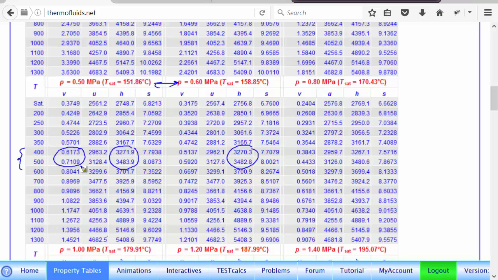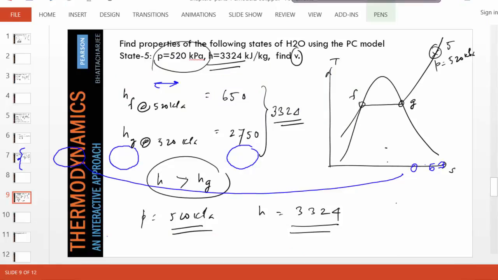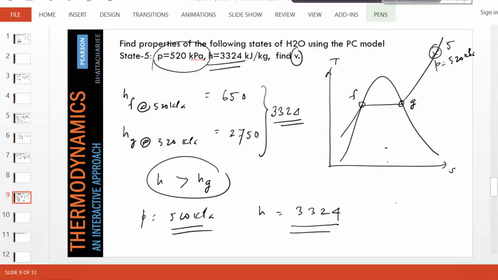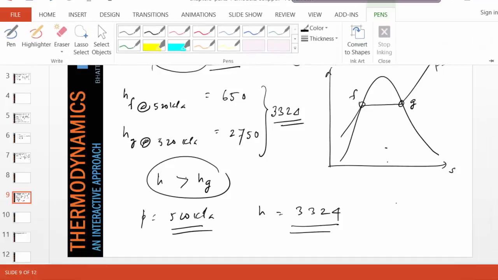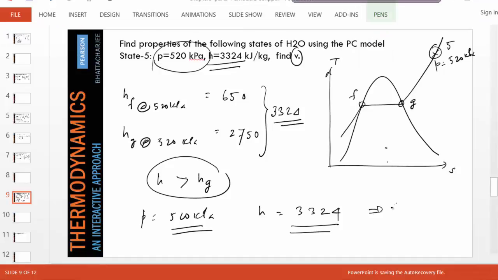If I may just pick an arbitrary value, 0.61 and 0.71, maybe 0.62 and 0.71, let's take 0.63 or something. 0.63 is my answer. So if we go erase this, V therefore is 0.63 meter cube per kg.